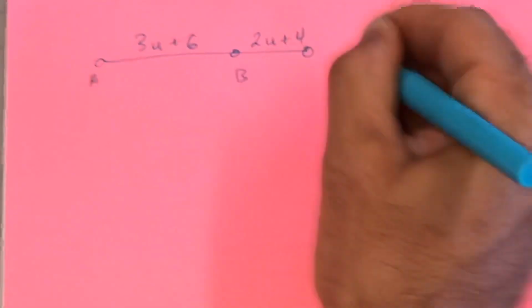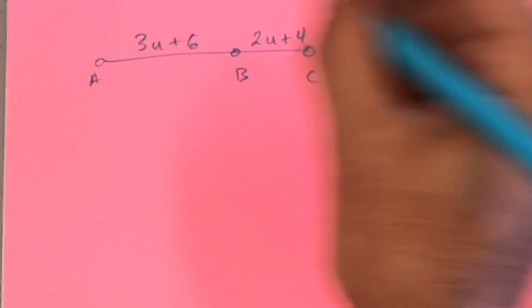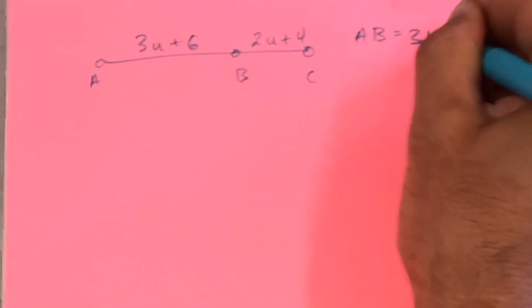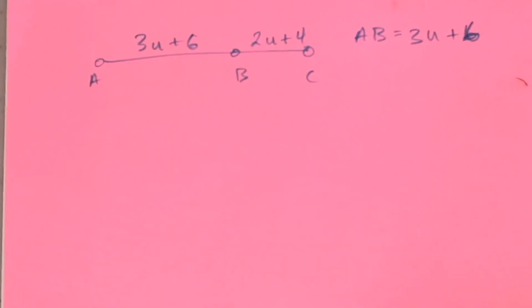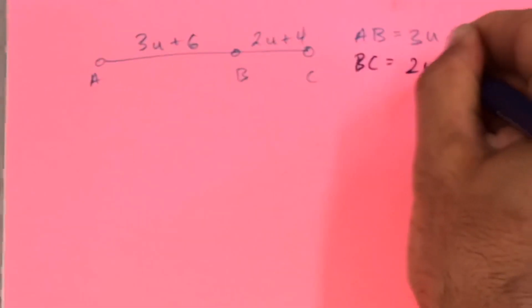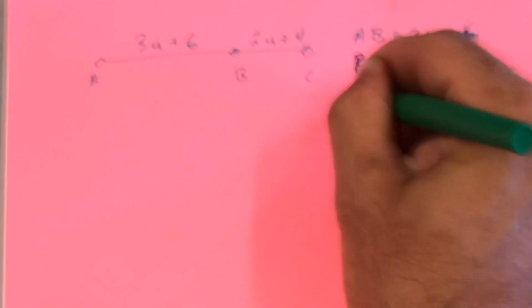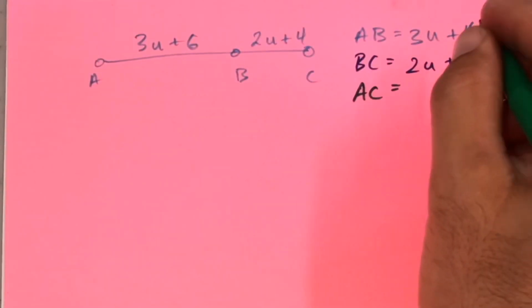Let's give our points again, A, B, C. Maybe they don't even give you the drawing. Maybe they give you that AB is 3u plus 6, that BC is 2u plus 4, and that AC is equal to 40.